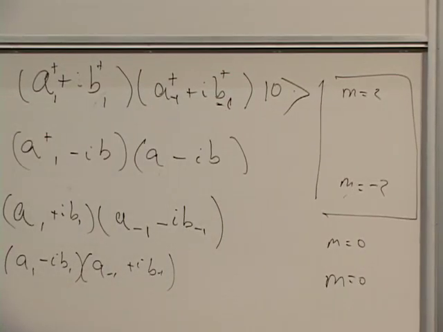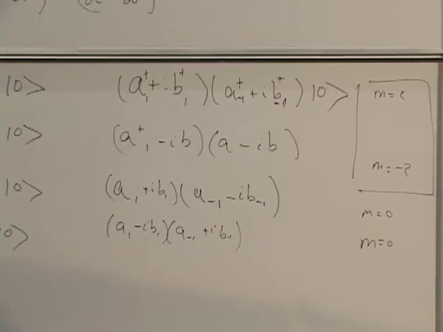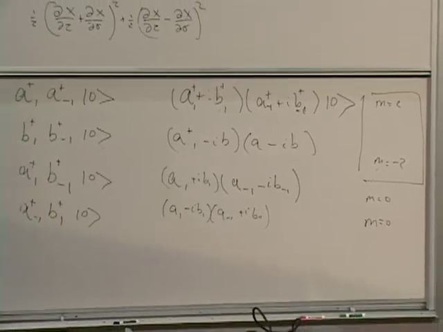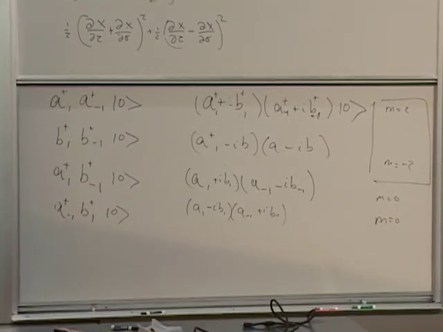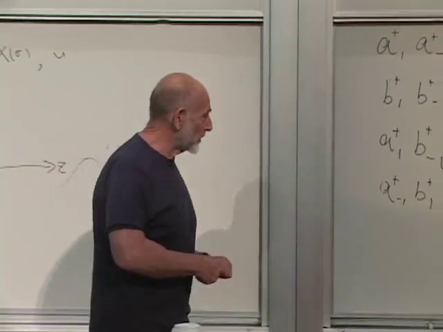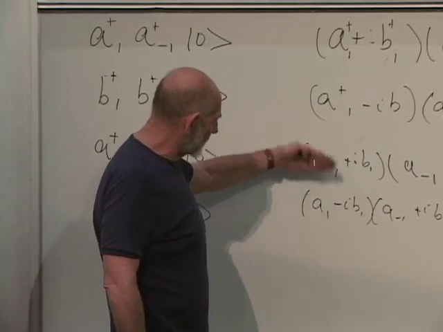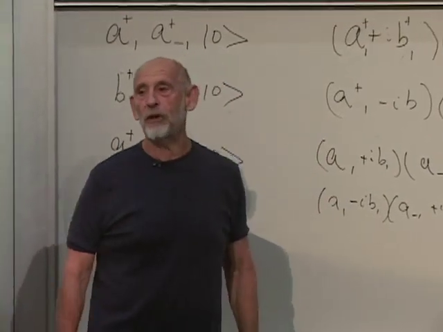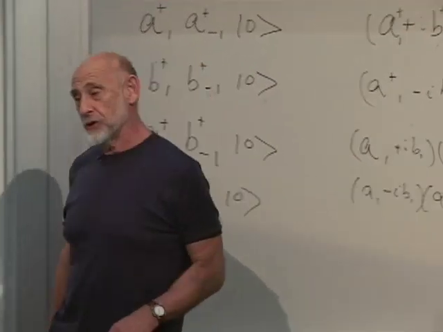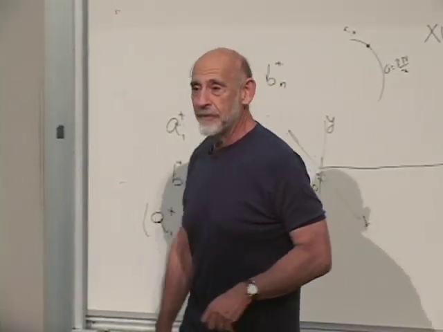but we're left over with 2 states with angular momentum 0. What could that be? The only thing it could be is 2 particles which have angular momentum 0. One linear combination, I think this plus this, is called the dilaton. It's a scalar particle. It's there in the spectrum of string theory.